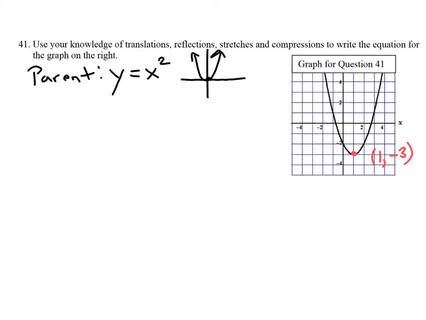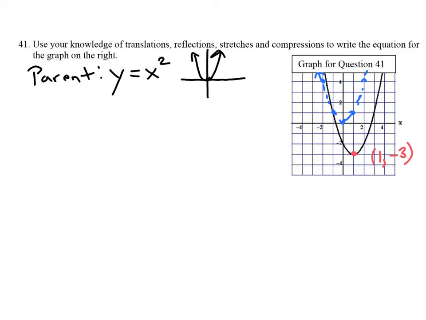As I graph this, let me point out a few other points on the graph of y equals x squared, like (1, 1), because 1 squared is 1, and (2, 4), because 2 squared is 4. And over here, (-1, 1), because -1 squared is +1, and (-2, 4).